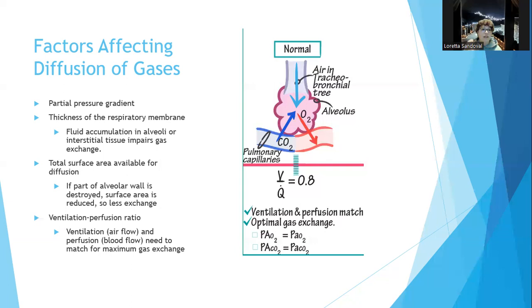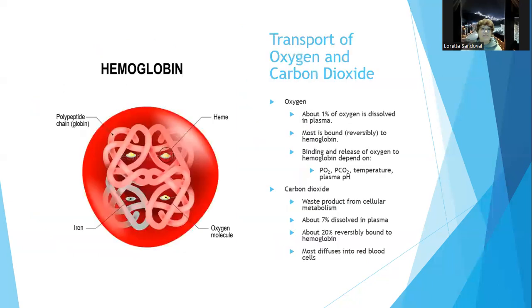So if airflow and blood flow don't match, then you don't get the best gas exchange. So it all has to be coordinated. Every time we talk about a different system, we're like, yeah, but the circulatory system, yeah, but the respiratory system, yeah, but the kidneys, and they all contribute. So super important that they all contribute.